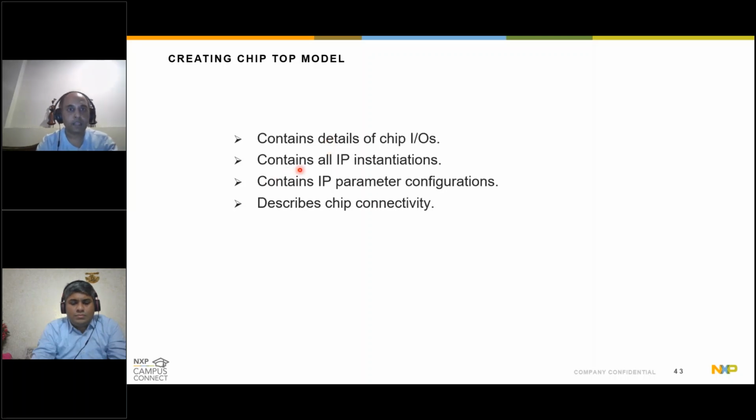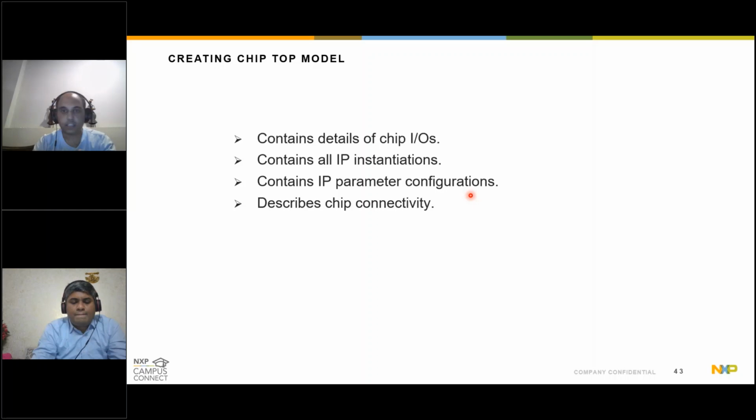It contains all the IP instantiations, so it's pretty intuitive. It contains the IP parameter configuration. You can imagine that when we are building generic reusable IP blocks, one IP block may have multiple types of functionality embedded in it, so that it is really reusable for multiple types of SOCs.